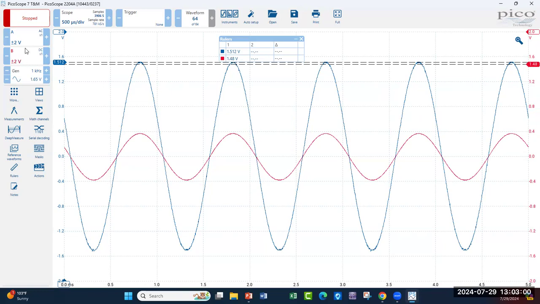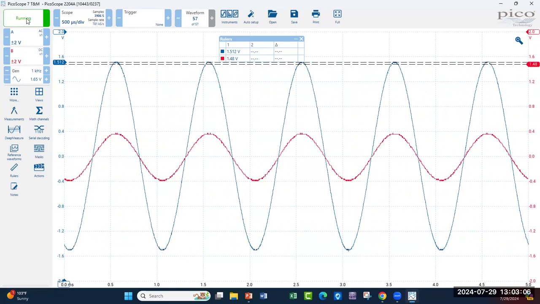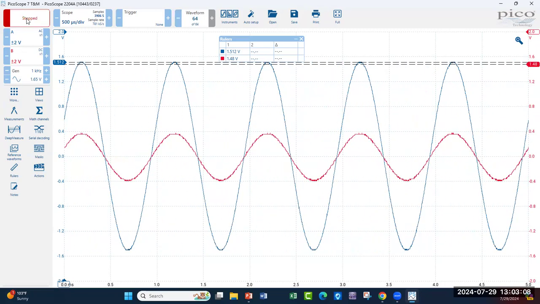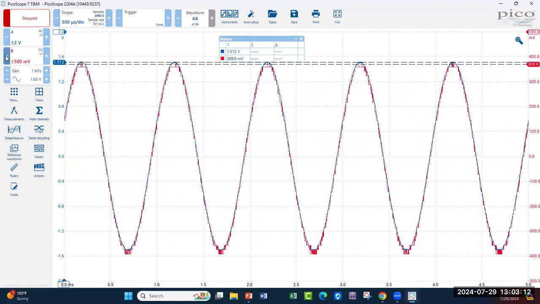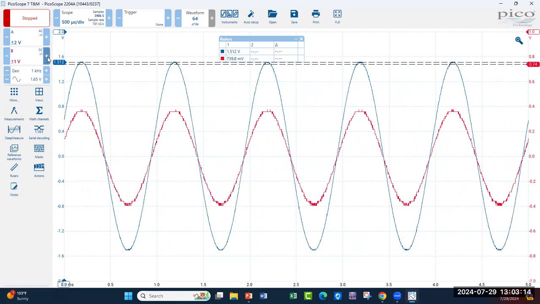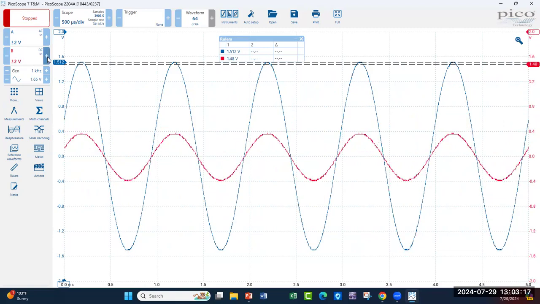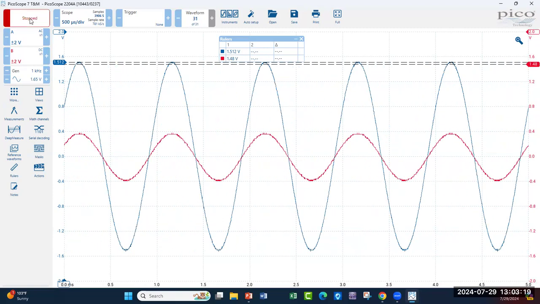If I change these to be the same scale, from 500 millivolts to 1 volt, and rerun this, you will see the waveform come into play. So I go back here, they were almost the same, and I change 1 volt, 2 volt, run, stop, and this is now on the same scale.